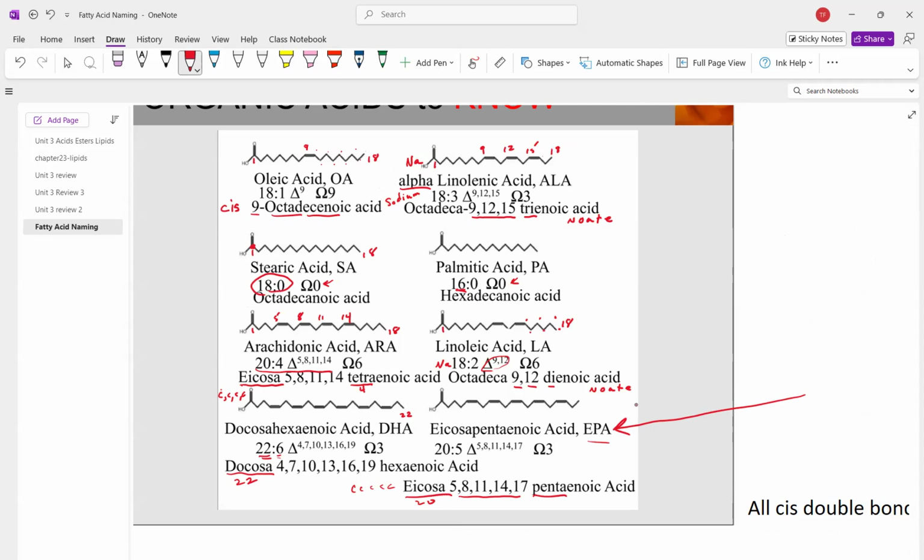But if I didn't say EPA and it just said eicosapentaenoic acid, that's just a 20-carbon pentaenoic acid, you wouldn't really know where the 5 double bonds are. But specifically with EPA, it's an omega-3 at those specific locations. There are many pentaenoic acids. EPA is an omega-3 one, and it's also all cis.